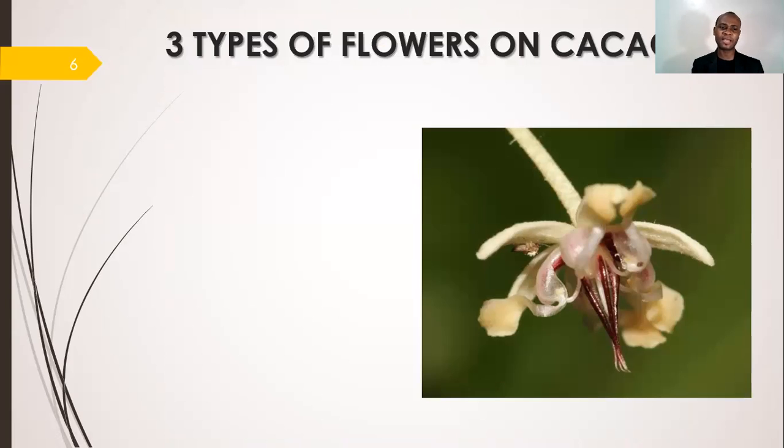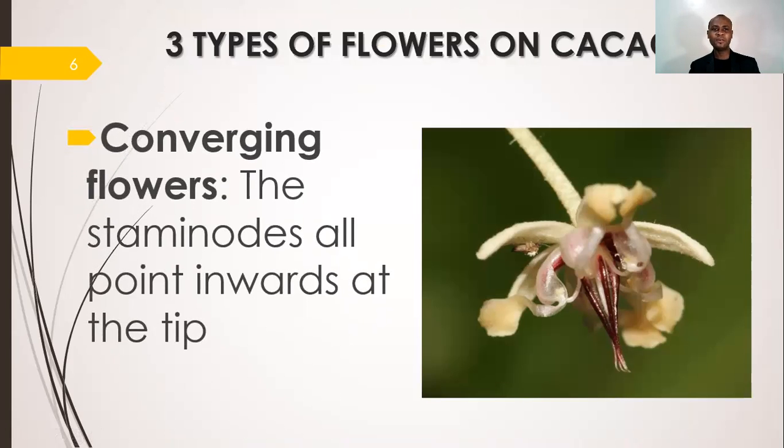Now let's talk about the 3 types of flowers. The first type of flower is called the convergent flowers. In convergent flowers, the staminals all point inward at the tip.